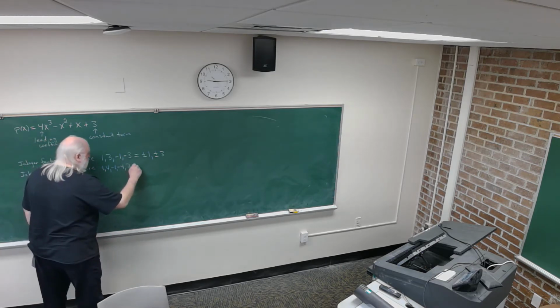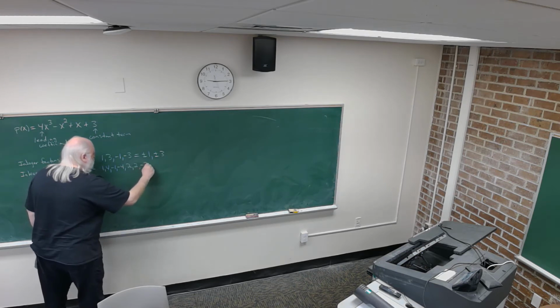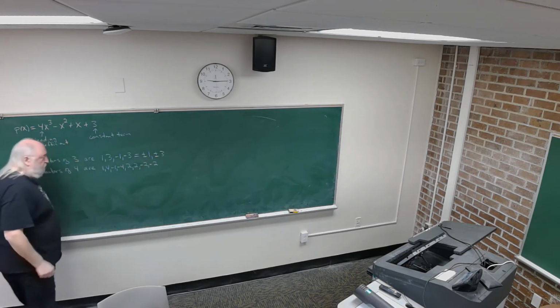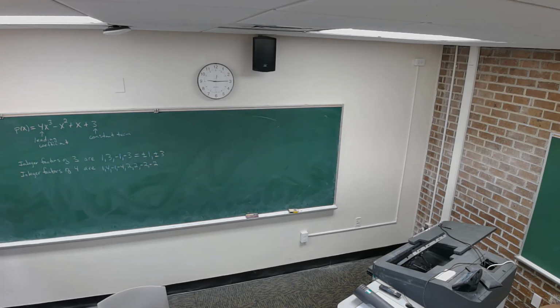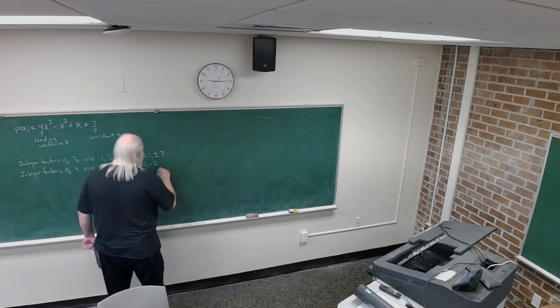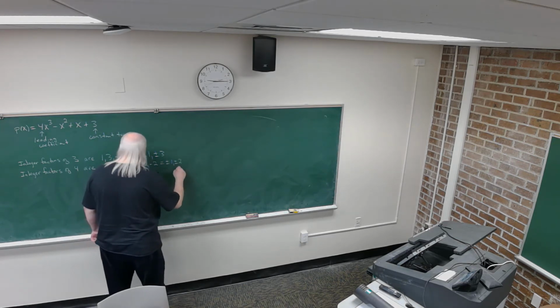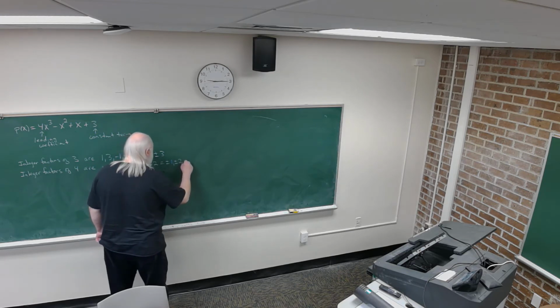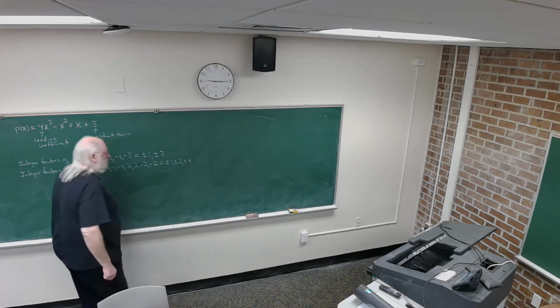And 2 times 2 is 4. And minus 2 times minus 2 is 4. And in shorthand notation, we write that as plus and minus 1, plus and minus 2, plus and minus 4.